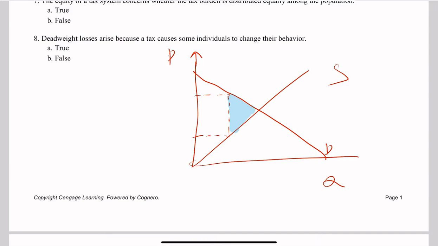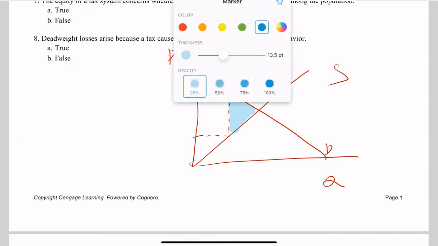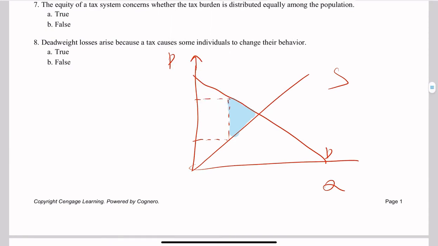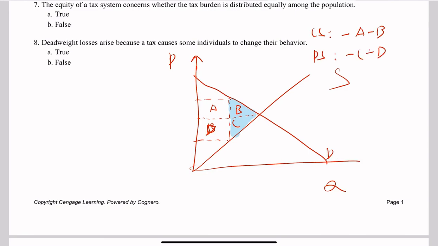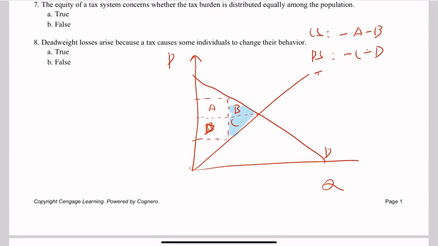First, we can see that after imposing tax, the consumer surplus will decrease by A and B. And then the producer surplus will decrease by C and D. Now what is the increase in tax revenue?